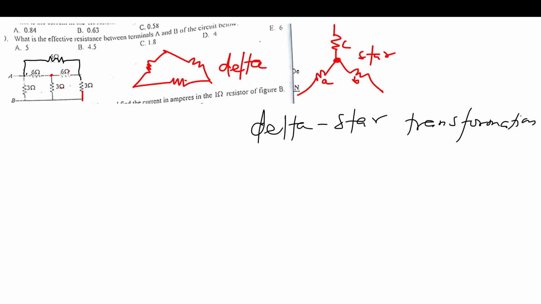How are we going to do it? We are going to do it by drawing a delta shape around the star. So this is the star. So we are going to draw a delta shape around it. So let's do that. Okay. All right. So let's name this resistor.